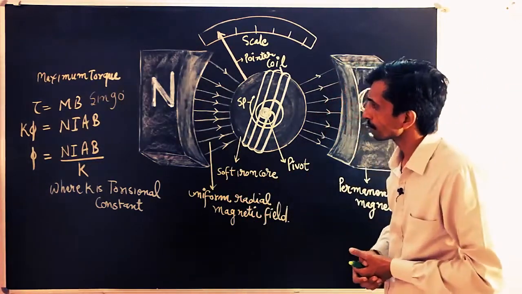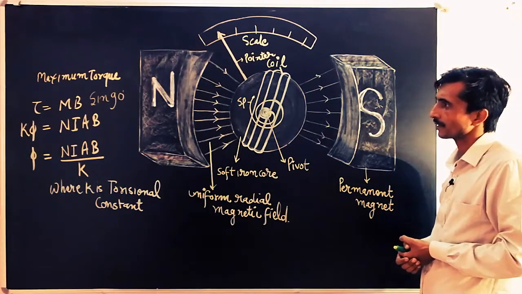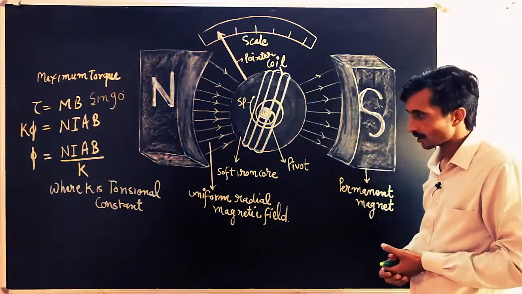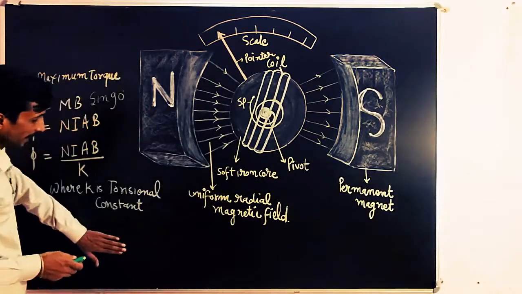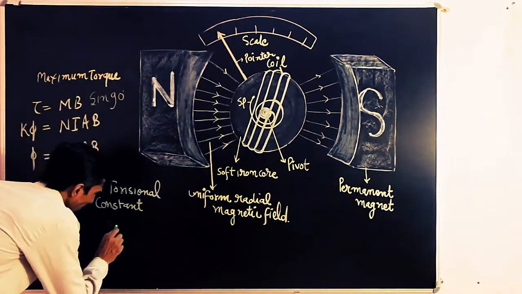Both terms of the moving coil galvanometer are defined as current sensitivity and voltage sensitivity. So how can we write current sensitivity and voltage sensitivity? First we write current sensitivity.